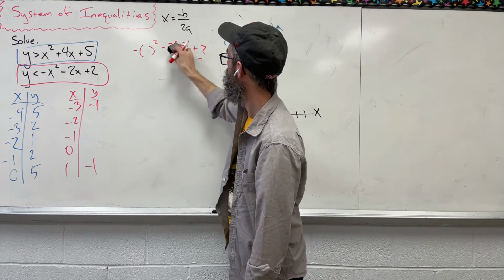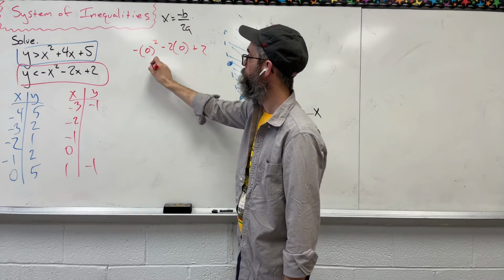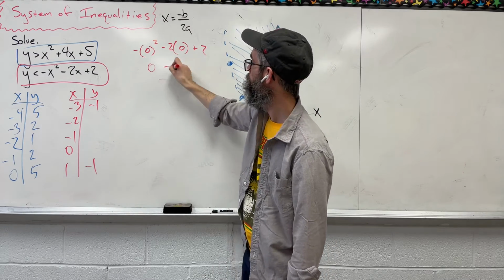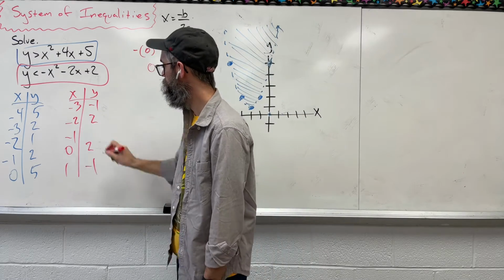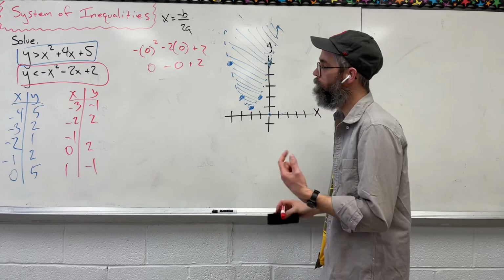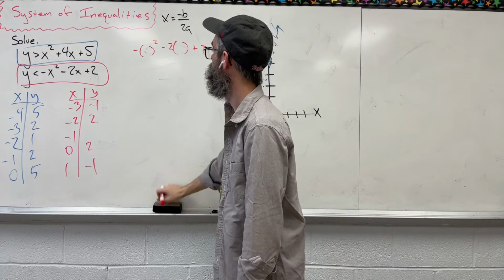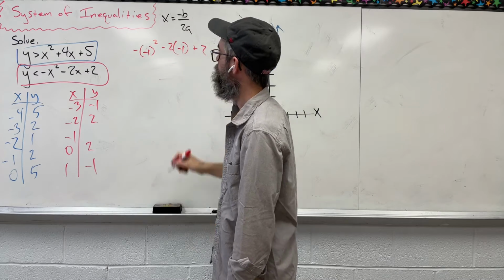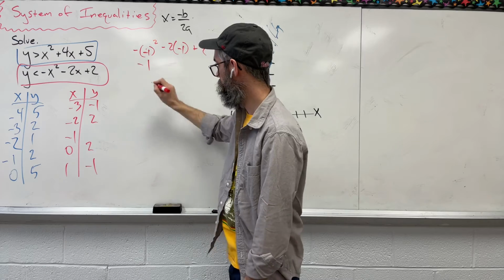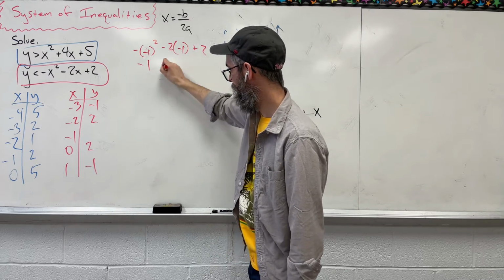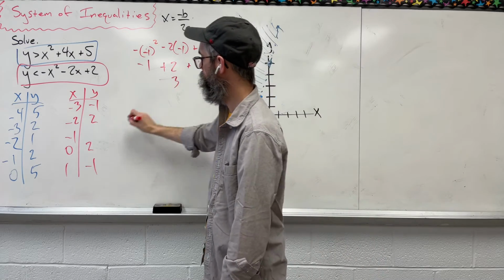Do it again, this time with a 0. 0 squared is 0, with the negative, who cares? 0 plus 2, leaving us with a 2. And we have to do this one more time, this time with a negative 1. Negative 1, positive 1. But we have a negative out front, bring it down. Negative, negative, positive. So we've got 4 minus 1, giving us 3.